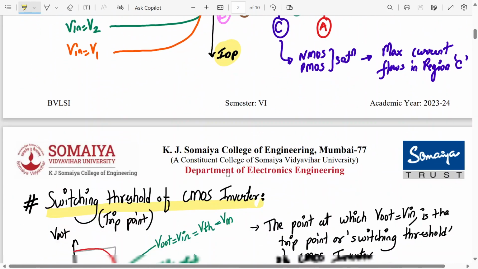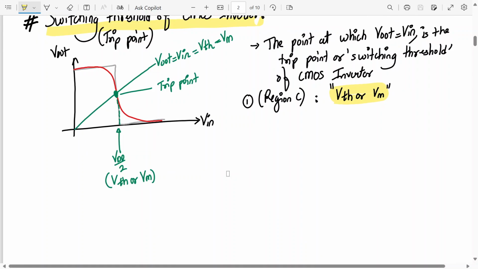Okay, so let's write that down. In region C, we will write the second point over here.